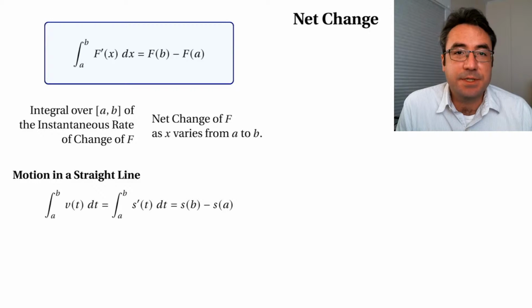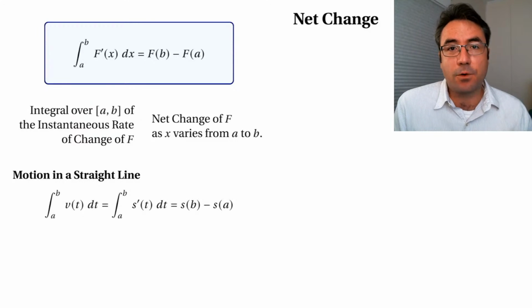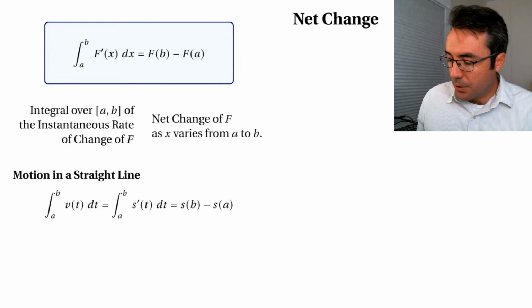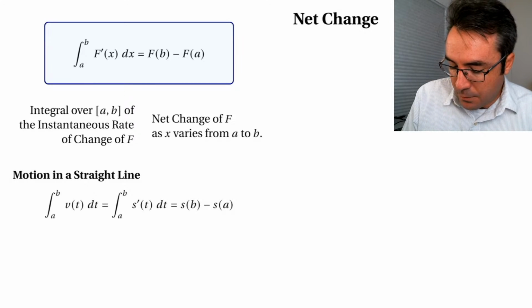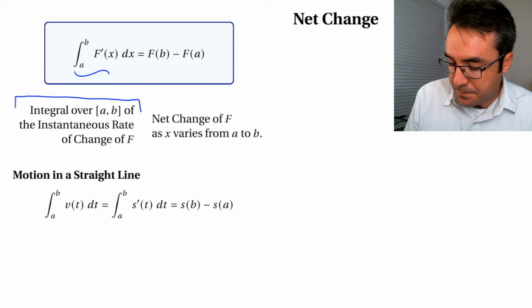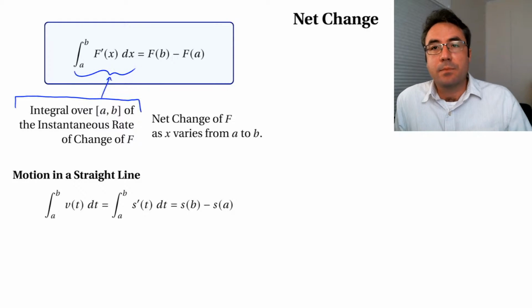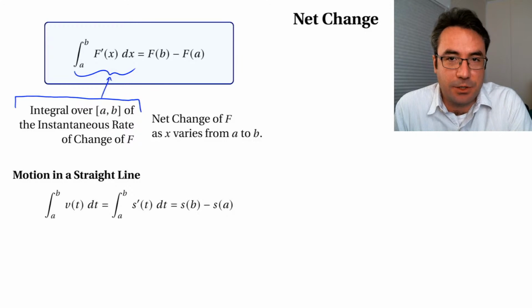All right, this is how we calculate definite integrals, but we're going to look at an interpretation of what this formula means. On the left there, what do we have? We have the integral over our interval a to b of some instantaneous rate of change function.